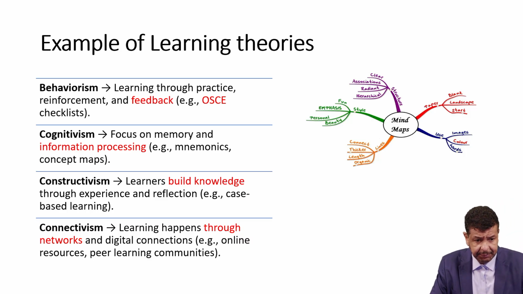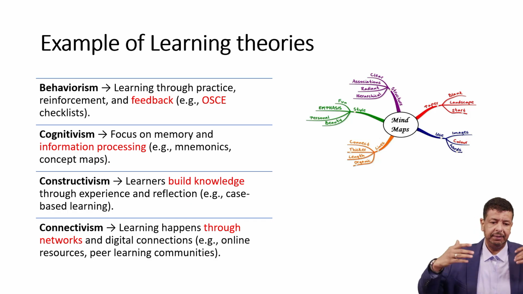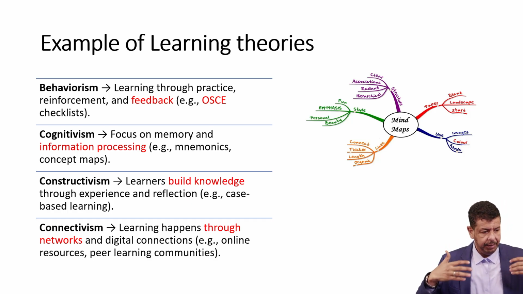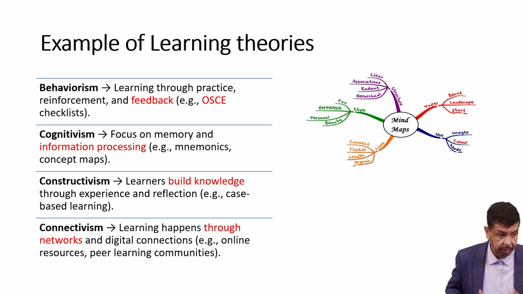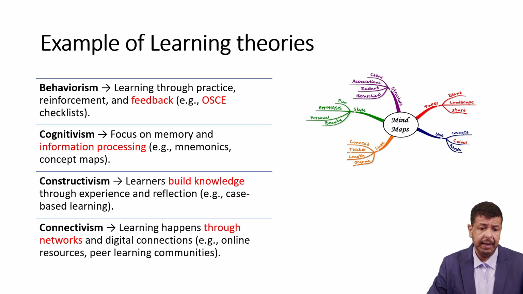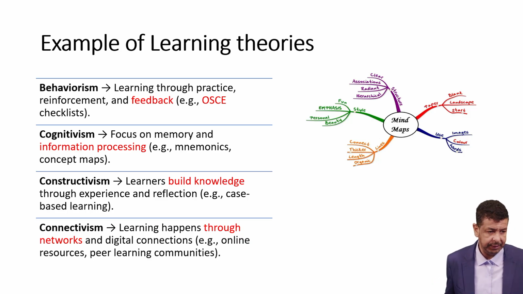And constructivism, basically, learners build knowledge through experience and reflection, and something related to the zone of proximal development and the schema. And connectivism is learning that happens through the network and digital connections and so on.